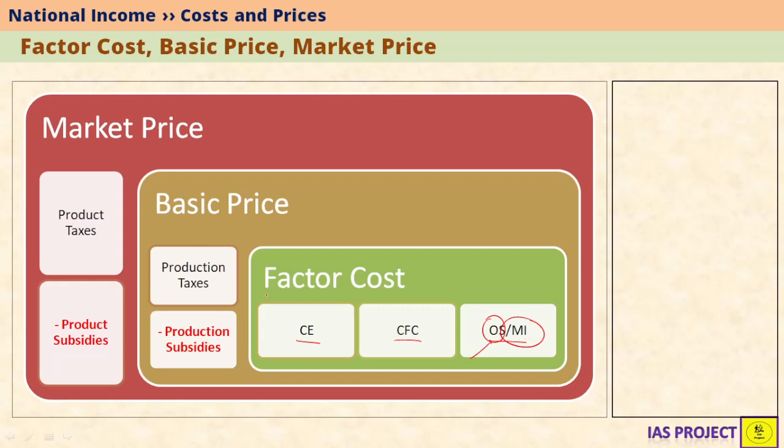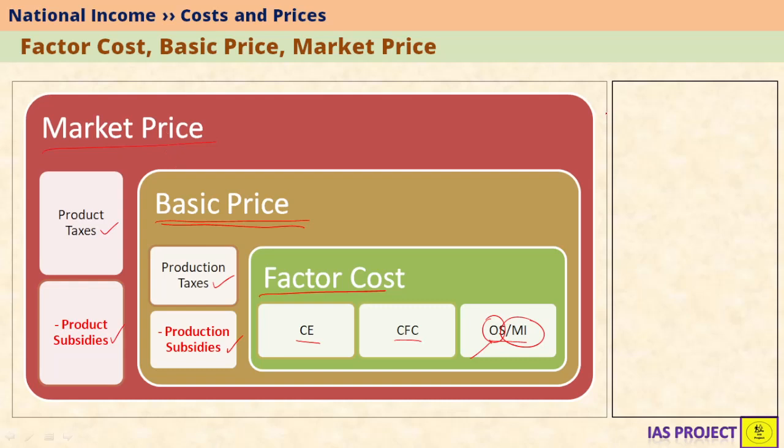So if we add production taxes to factor cost and remove production subsidies, we get basic price. If we add to basic price the product taxes and remove product subsidies, we get market price. So this is the relationship between factor cost, basic price and market price.